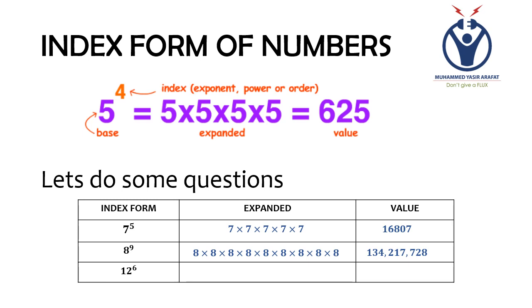So the result is in hundreds of millions. Now, for 12 power 6, the expanded form can be written like this, and the value is 2,985,984.